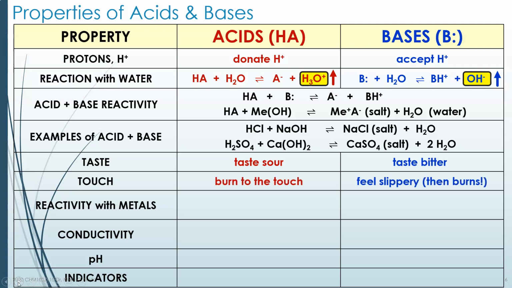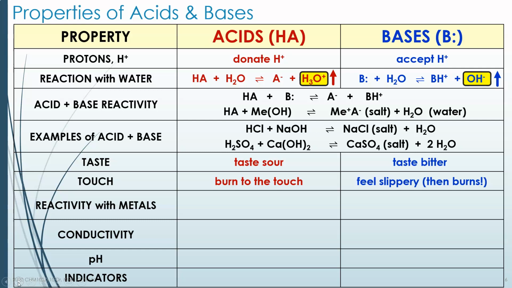Touch. Well, what happens when you touch these chemicals with your bare hands, which you clearly should never do? Acids will burn your skin. Bases will burn your skin too, but first they will feel slippery. And you probably don't want to hear why they feel slippery, but the fact is strong bases will literally turn the molecules that make up your skin into soap.